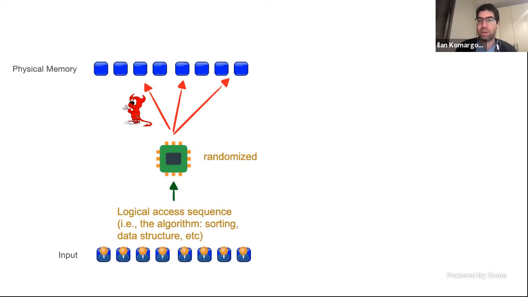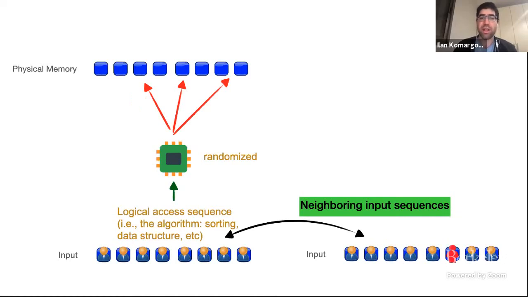Since we're talking about differential obliviousness, which is similar to differential privacy, we'll consider a neighboring input sequence, which is an identical sequence of logical operations, except that we're going to change one location. Just in this example, I changed the third from the end access to be something else. So these two inputs are neighboring.